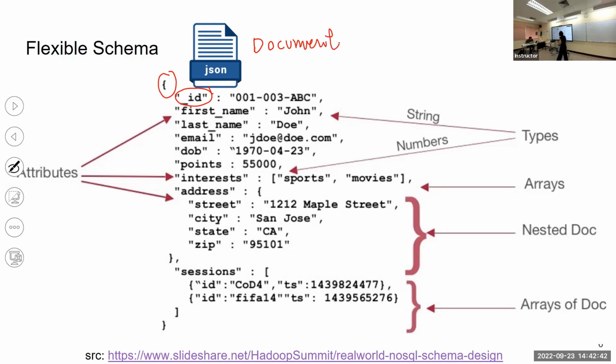Following JSON format, inside a document, we start with this, end with this. You can have attributes and then an associated value for each of the attributes. The value can follow certain data types if you want to restrict them. Of course, you may not want to restrict the data type and give flexibility. So it gives you the choice whether you restrict your document following a schema or not.